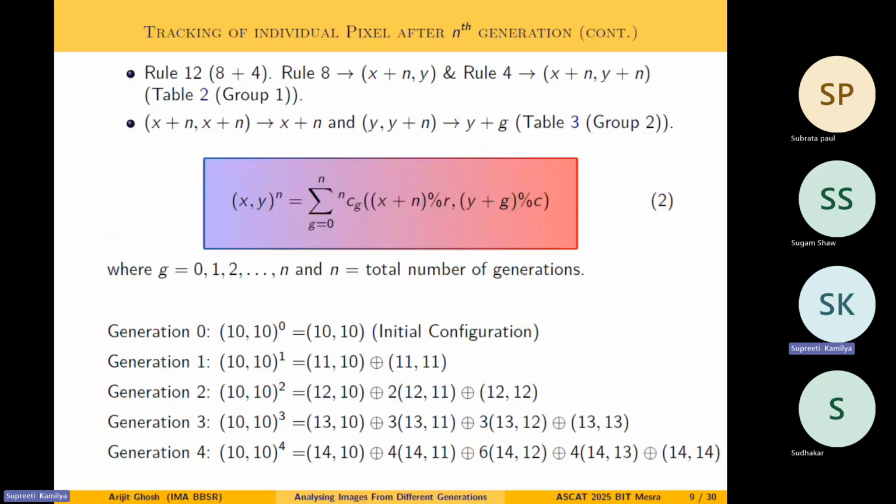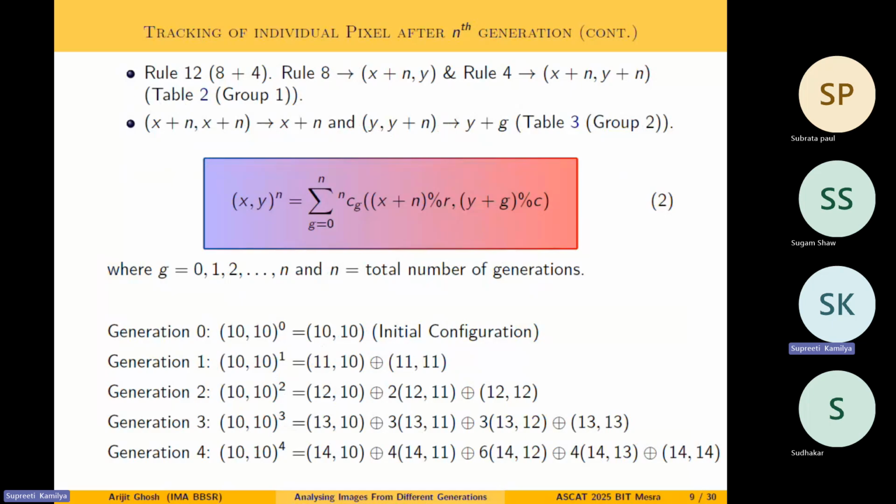Explaining this concept by taking an example, consider rule 12. Rule 12 is made up of fundamental rule 8 and fundamental rule 4. From the fundamental rule table, we will obtain the coordinate x plus n comma y for rule 8, and we will also get the value for rule 4.